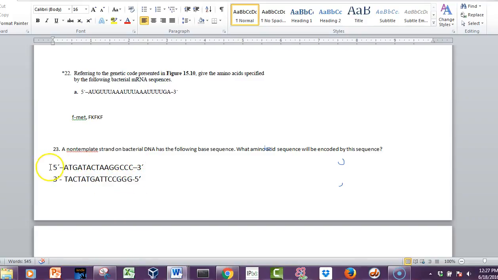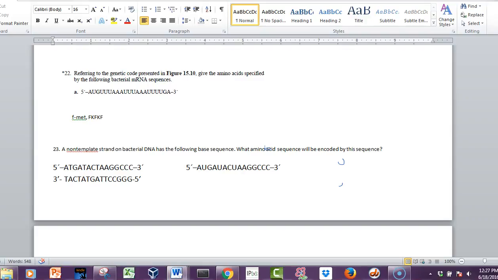And so then if we were to transcribe this, the RNA is going to look just like that, but where there's a T, there will be a U. So this is a lot easier to do if you're using a computer than just doing it yourself.